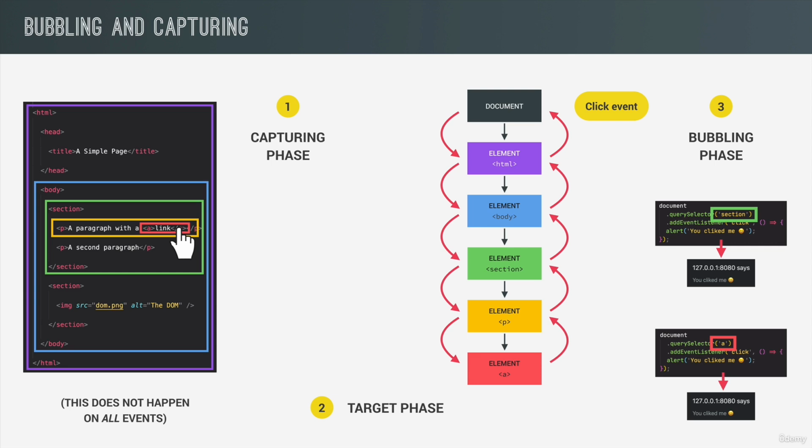Some of them are created right on the target element, and so we can only handle them there. But most of the events do capture and bubble, as I described here in this lecture. We can also say that events propagate, which is really what capturing and bubbling is. It's events propagating from one place to another.